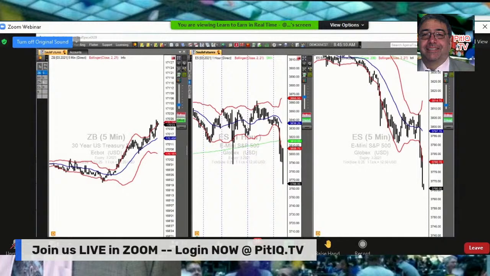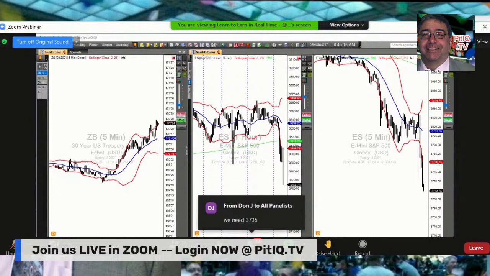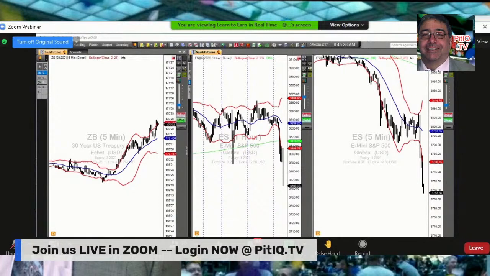Coming down here to the 65 area now. Again, keep your stops in no matter what. We don't love a trade, no matter how we look at it.